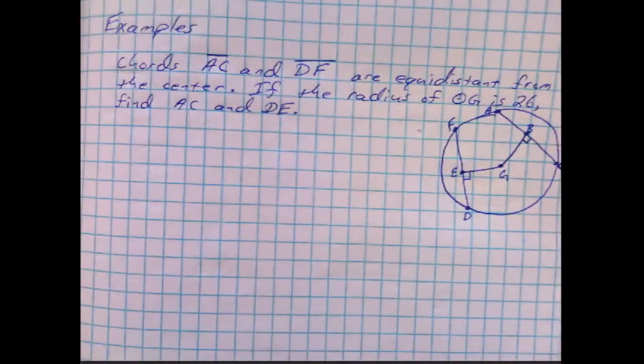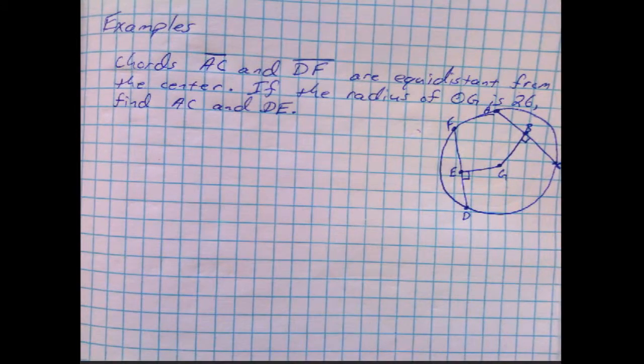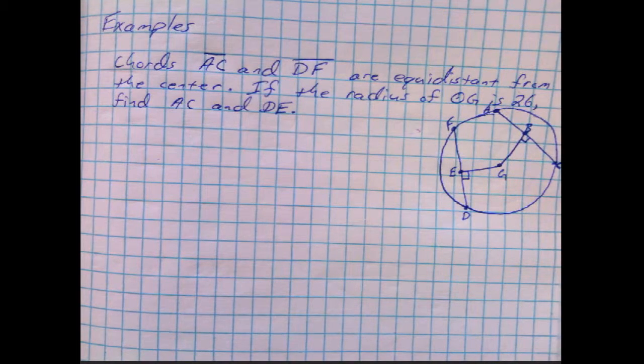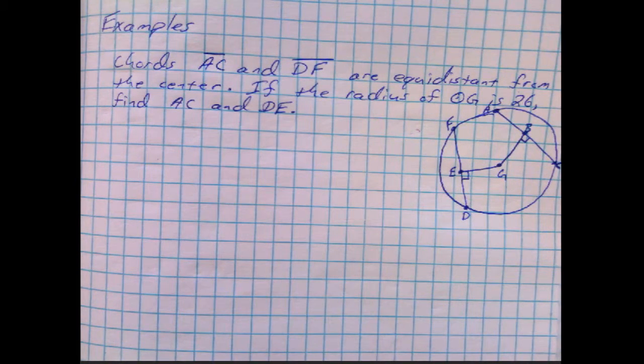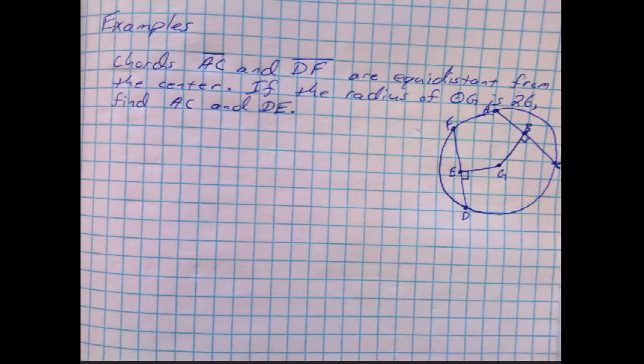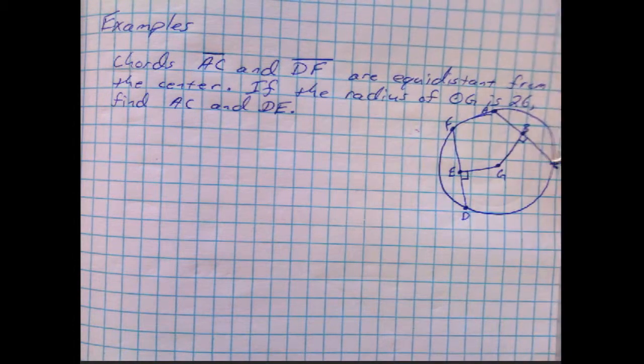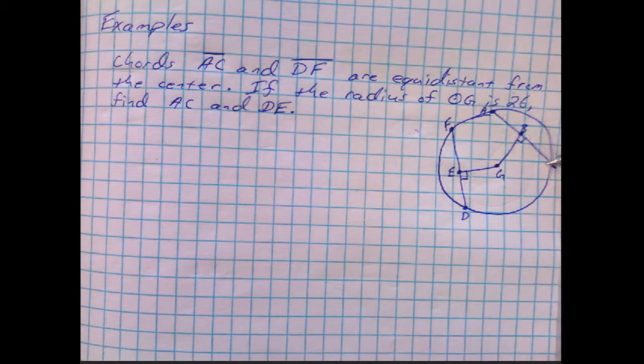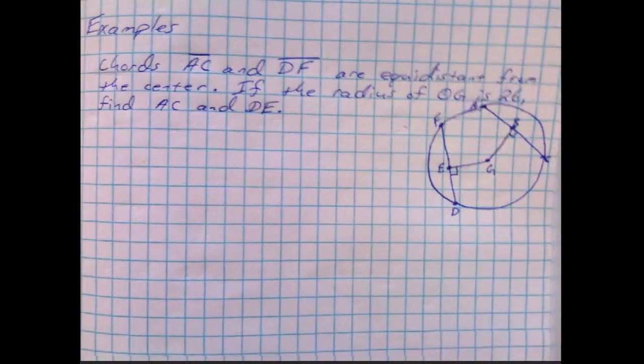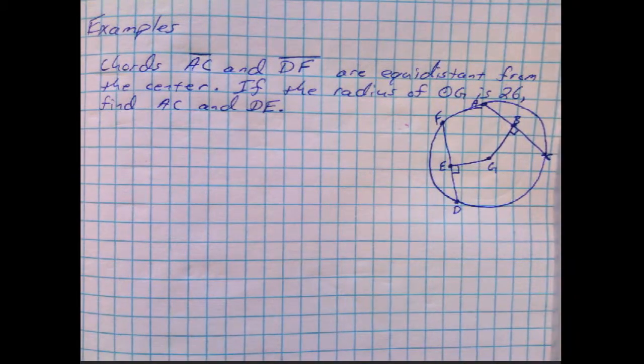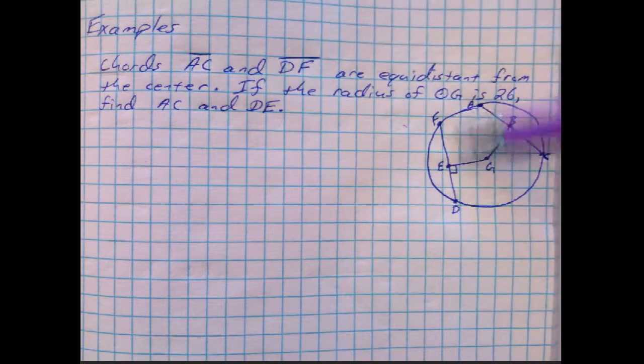Okay, let's do one more example here. This one has to do with our 10-4 theorem, where two chords are congruent if and only if they are equidistant from the center. So we have chord AC up here, and then we have chord DF over on the left.